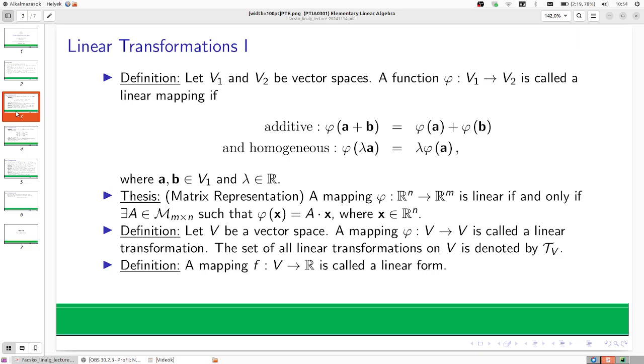Then this mapping is linear if and only if there is a matrix, n times m, that fulfills this equation. We will fix some. We will have an exercise for this. Okay.